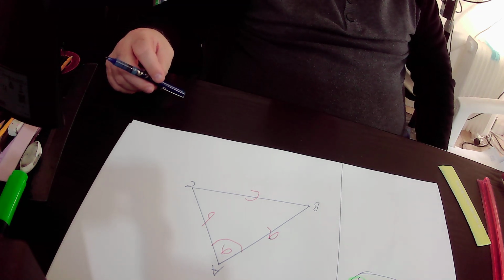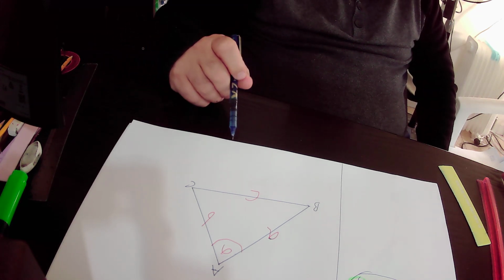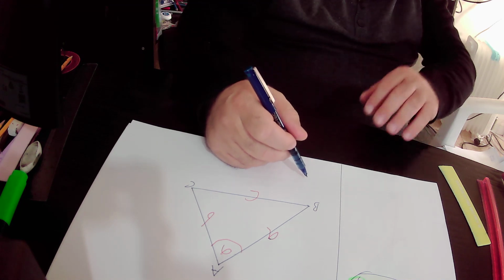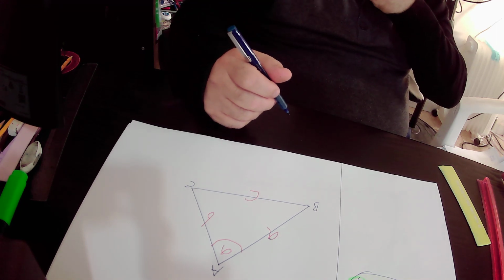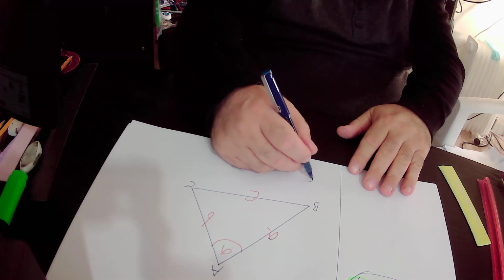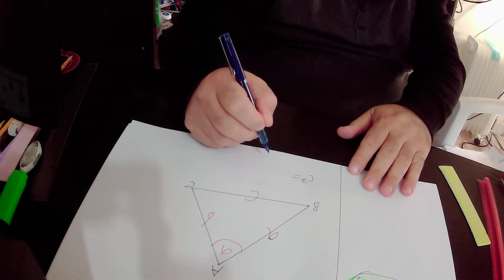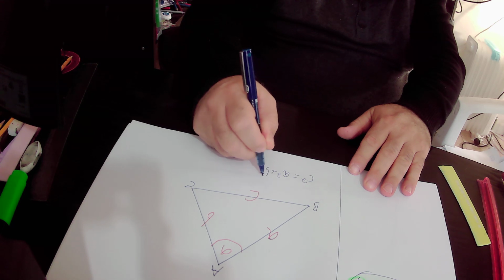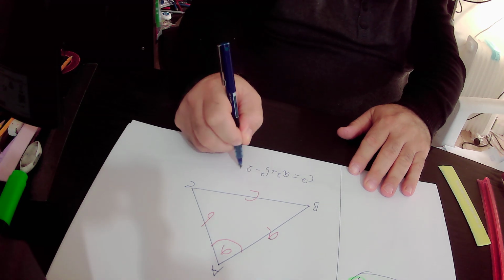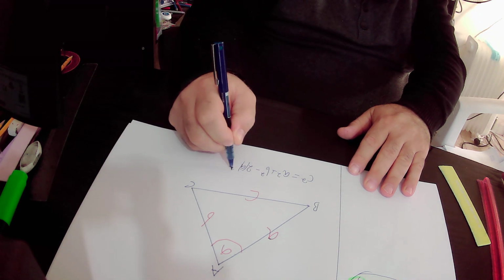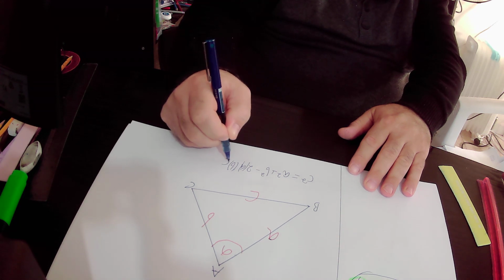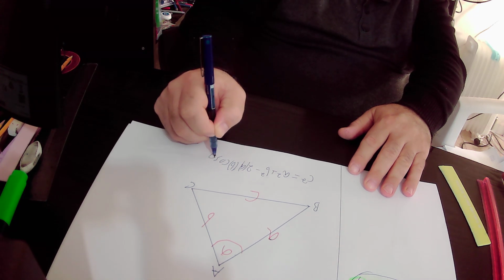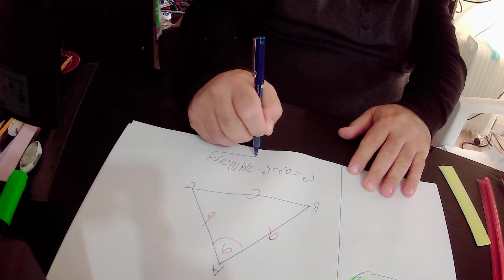Then, according to the law of cosines, we will get that C squared equals A squared plus B squared minus 2 times A times B times cosine alpha. This equation is true in any triangle.